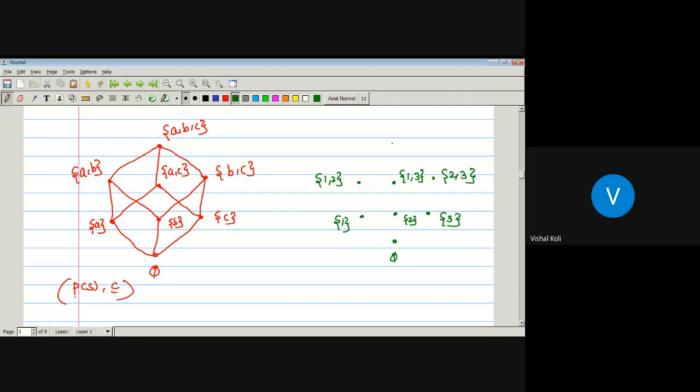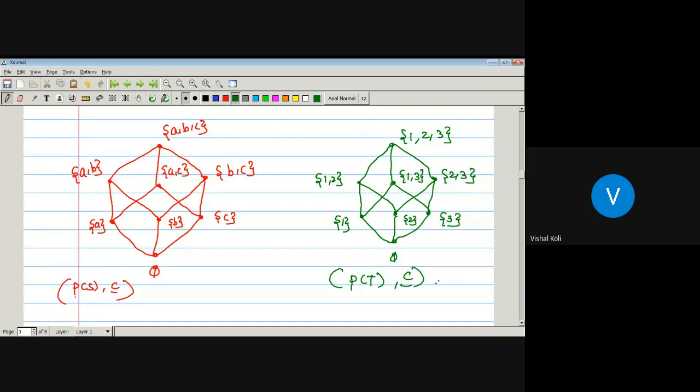And its immediate successor is nothing but 1, 2, 3. This will be an immediate successor of these 3, and of these 2. Again, this one is an immediate successor of these 2, and this will be an immediate successor of these 2. And these 3 are the immediate successors of phi. Okay, so this will be the power set of T with the inclusion relation. Now these 2 are the lattices, and their Hasse diagrams are these.